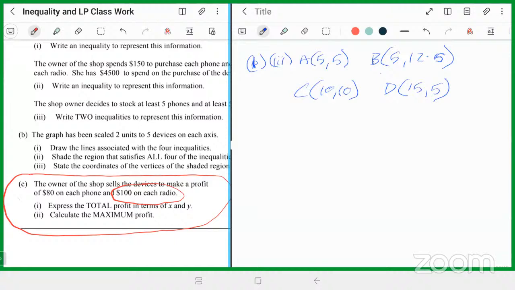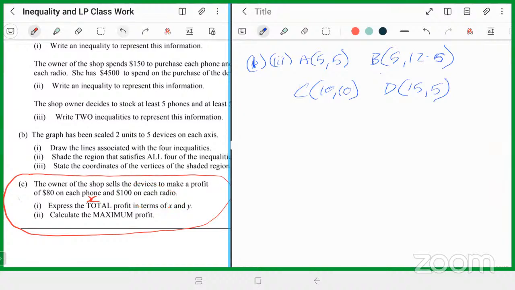What happened in this question is that you don't know how many phones and how many radios. So you need an expression to represent the profit in terms of X and Y. See here? He's going to sell X phones, so 80 times X is going to be the profit on the phones. He's going to sell Y radios, so 100 times Y is the profit on the radios.